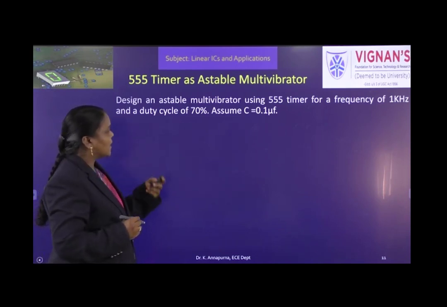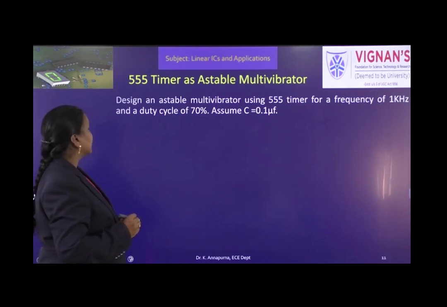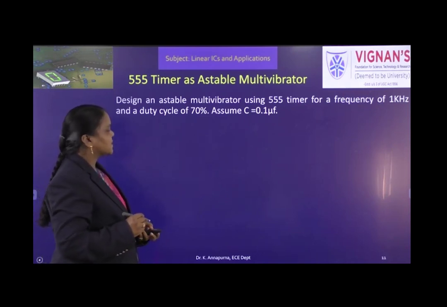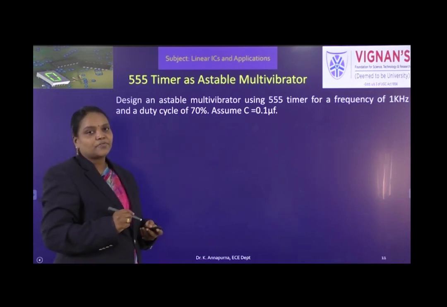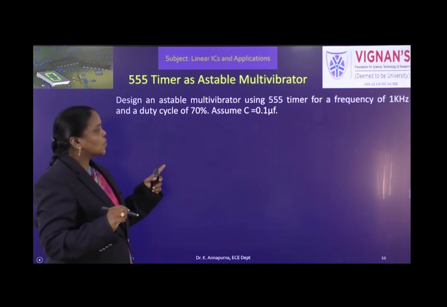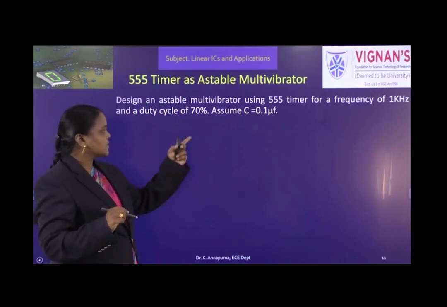Design an astable multivibrator using 555 timer for a frequency of 1 kHz and a duty cycle of 70%. Assume C is 0.1 microfarads. Okay. So here design means we need to find the values of RA and RB because C is already given.